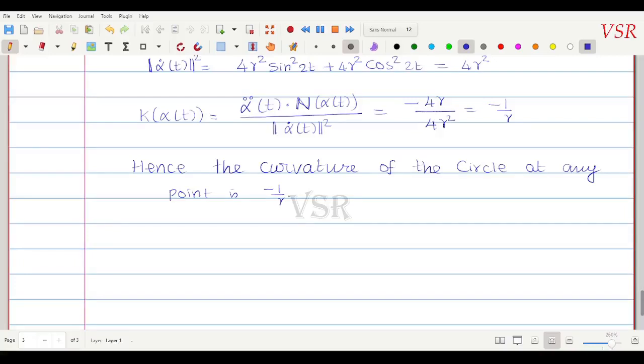ஏன் minus 1 by r வந்திருக்குன்னா நான் வந்து outward normal கொடுத்துருக்கேன். அப்போ இது ஒரு ரிமார்க் எழுதிக்கலாமா?